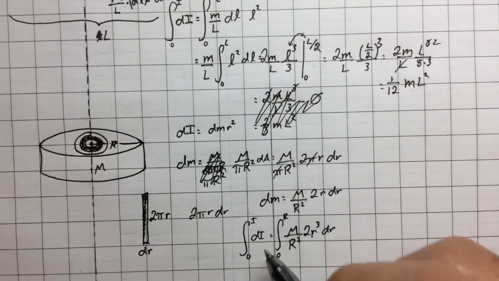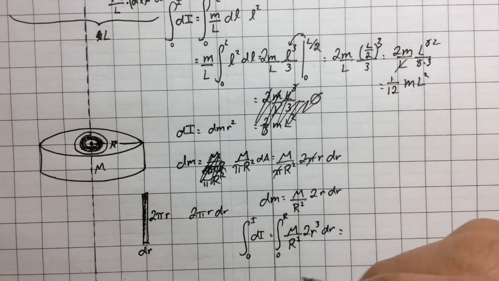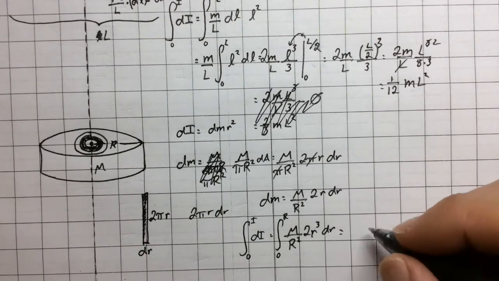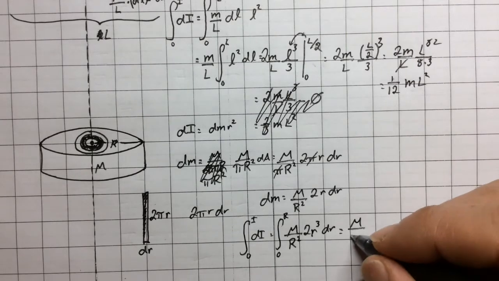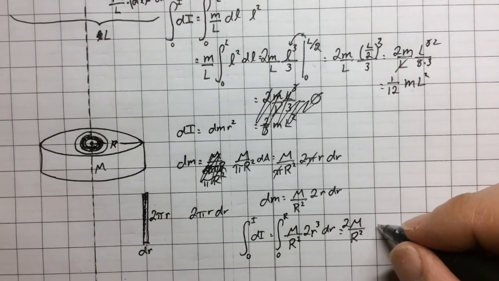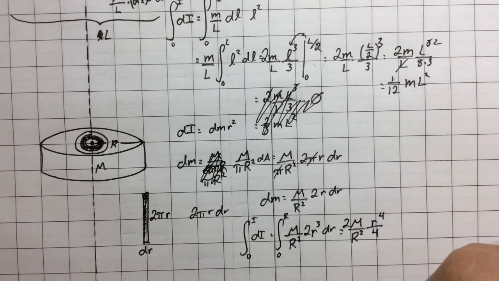And so we integrate, and we notice that this is a constant, this is a constant, that's a constant, everything's a constant except for r cubed, and we need the dr in order to integrate. So I'm going to pull the constants out. They aren't changed by your integration. And the r cubed becomes r to the 4th over 4 whenever you integrate.